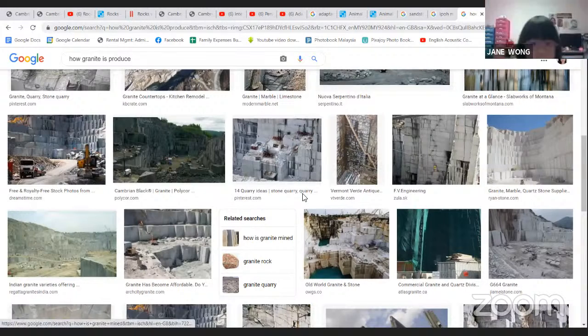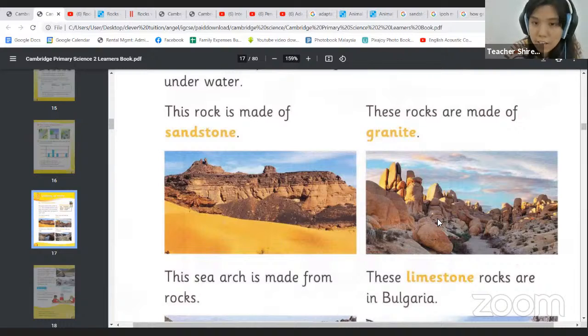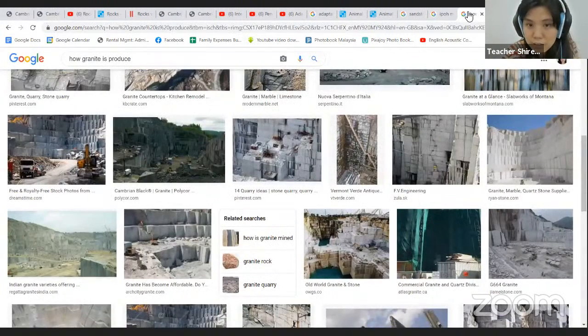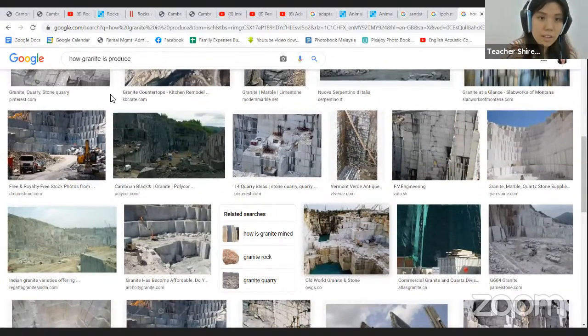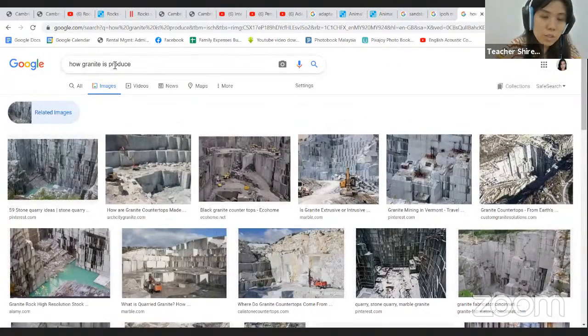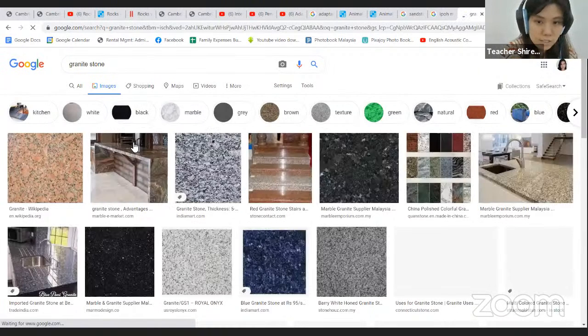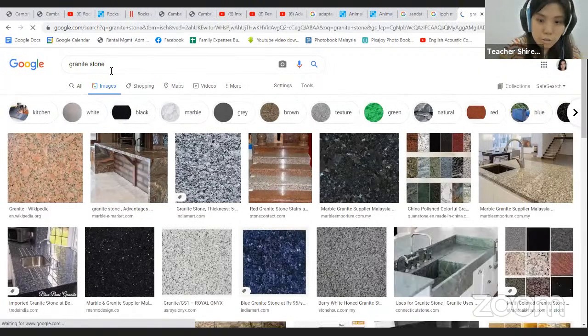So this is the rocks. It looks like nothing, right? But when you cut inside, that is where it becomes like this. You see this one is nothing, right? But you cut inside. Granite stones, outside it looks like normal, but then after that you cut granite stone in raw form.